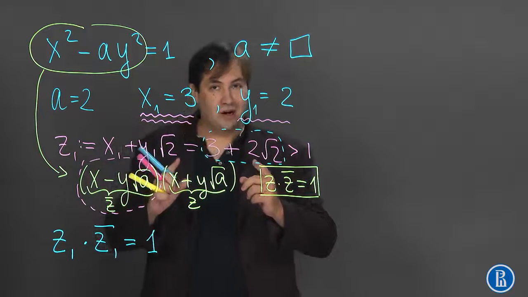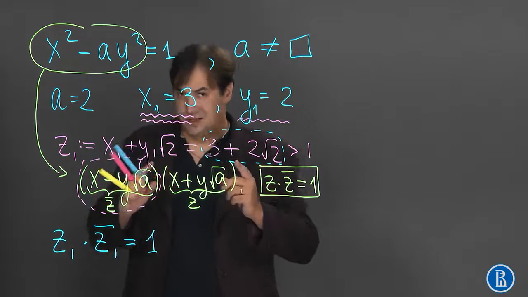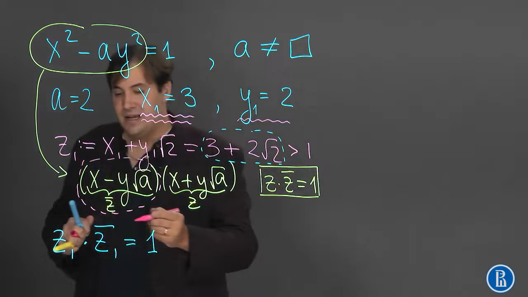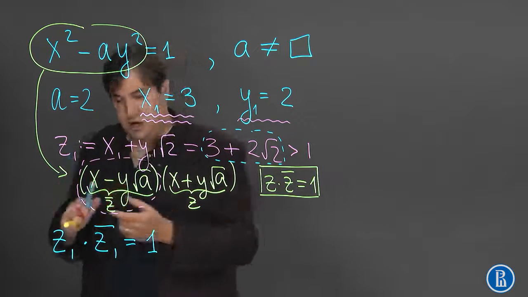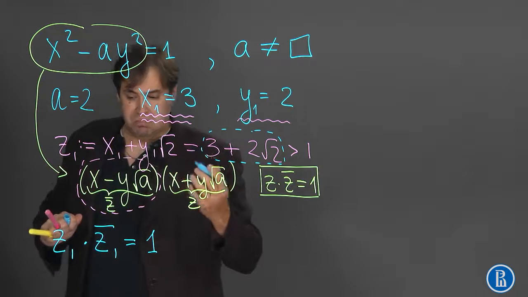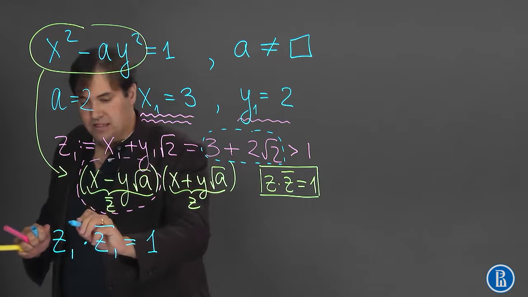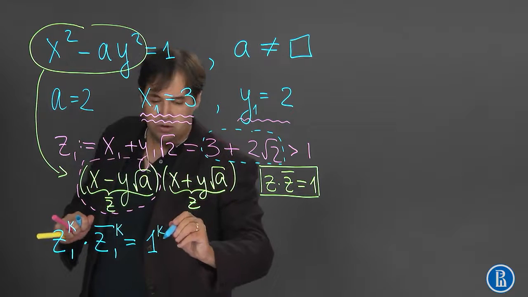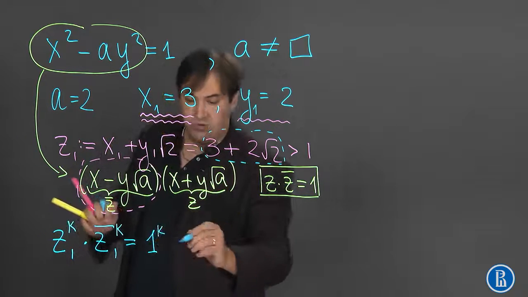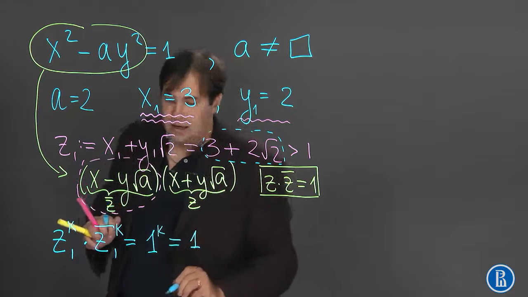Do you remember how we can do this? That's right. We can take all this to the power of any arbitrary positive integer. So let's say z1 to the power of k times z1 conjugated to the power of k, and 1 to the power of k is of course 1.